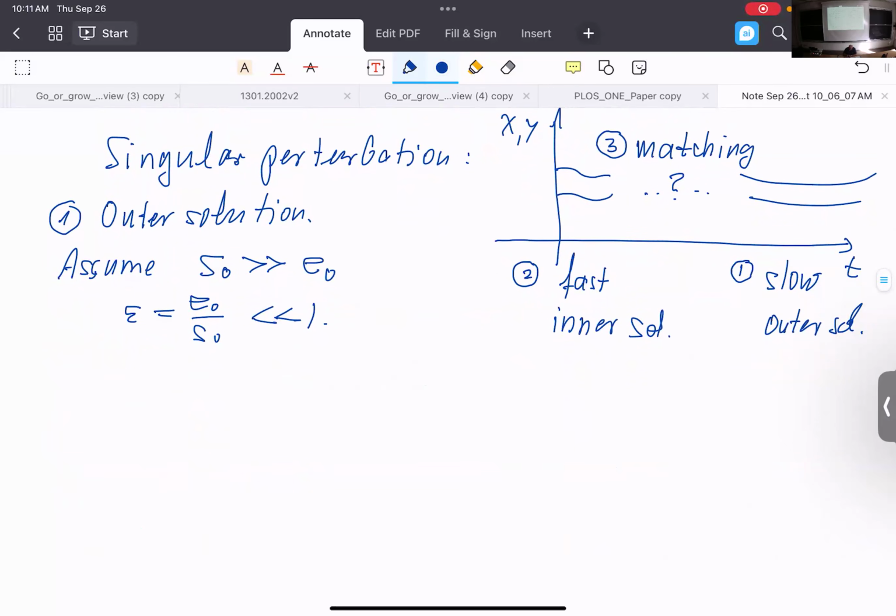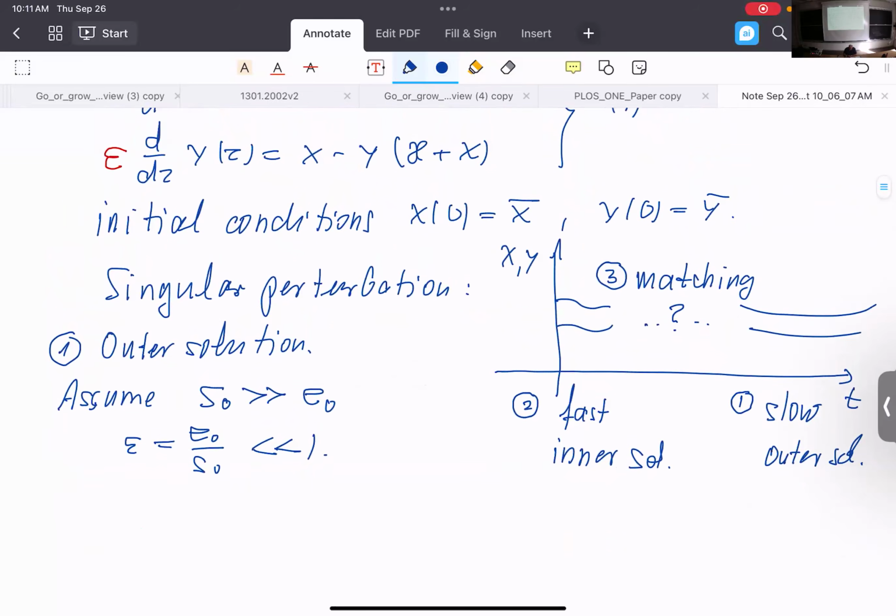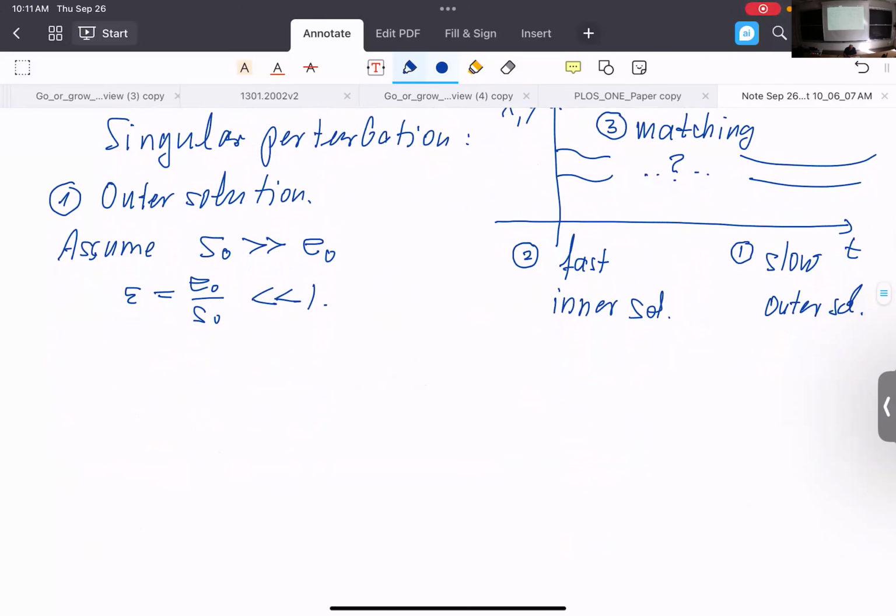So what we then do formally is we do an expansion of our solution, x and y, in terms of the small parameter epsilon. Okay, so expansion in epsilon. As I say, many of you, I assume, have seen such a method before. If not, well, here you go. It first looks a bit complicated, but it will simplify down very quickly.